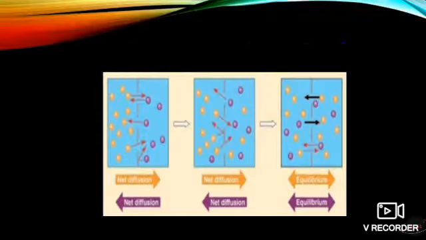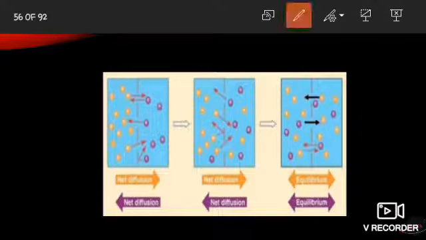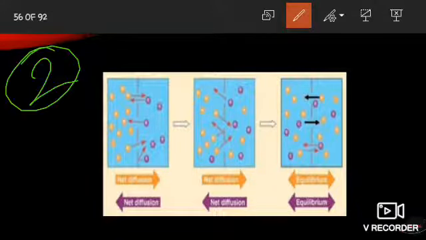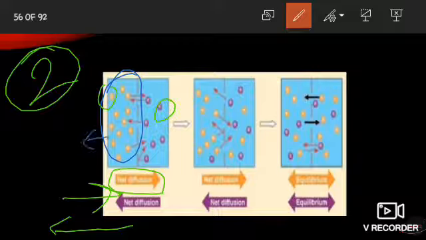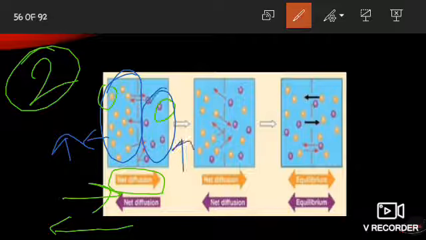In this second diagram, you can see that there is movement of two particles. One is this and another one is this. And this arrow shows the net diffusion. That means where the diffusion take place, either this direction or this direction. So you can see that the concentration of these particles are high in this side and concentration of these particles are high in this side.